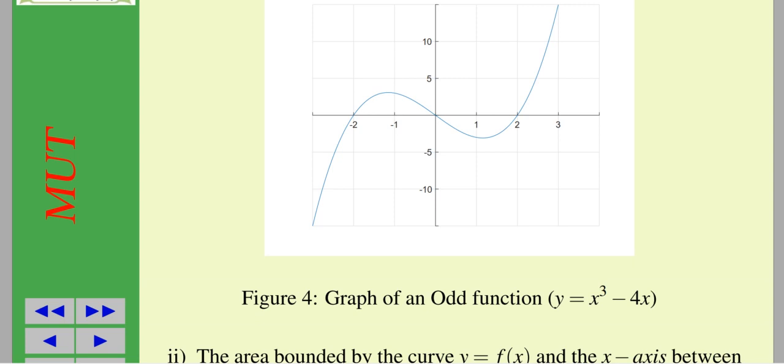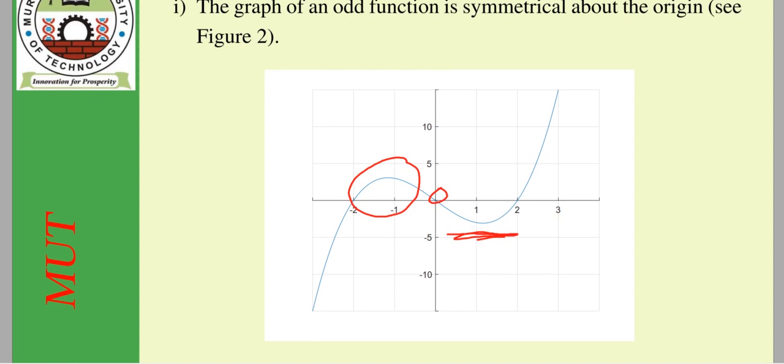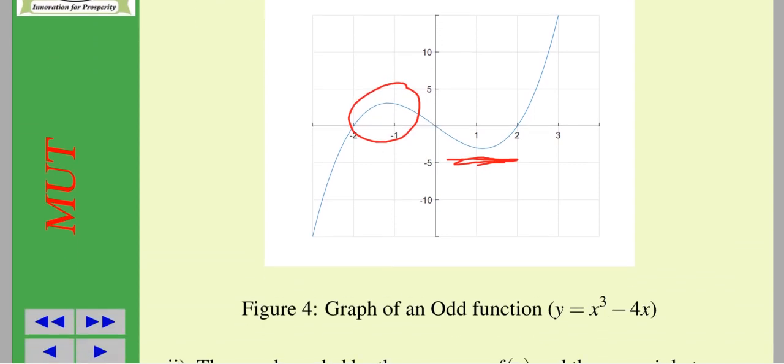This section here looks like a reflection of this section here about the origin. So basically there is a point of symmetry. The graph is symmetrical about the origin.